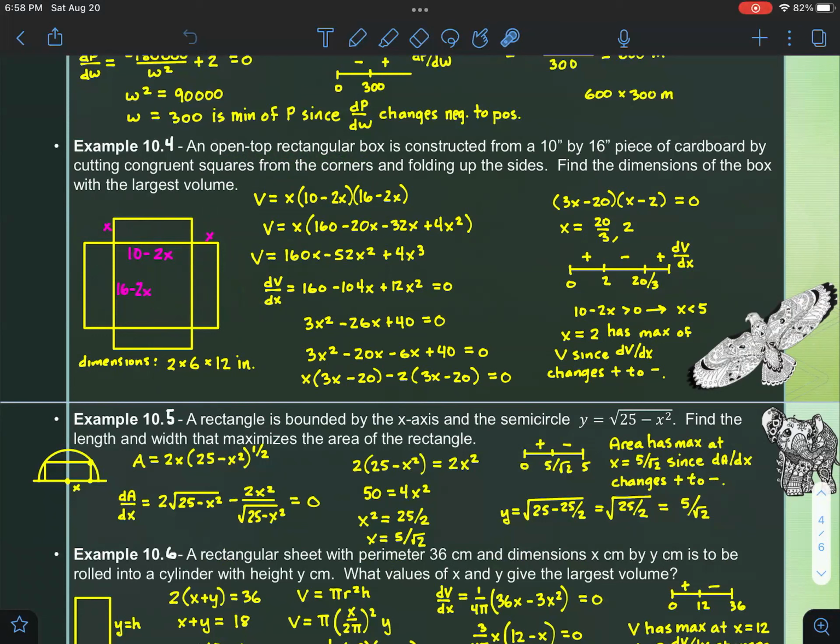Okay, so just because we're seeing this next example here, we don't want to assume even that every open top box problem is the same. You have to read the given information really carefully and decide how to proceed. But for this problem, we've got an open top rectangular box. We're starting with a flat piece of cardboard.